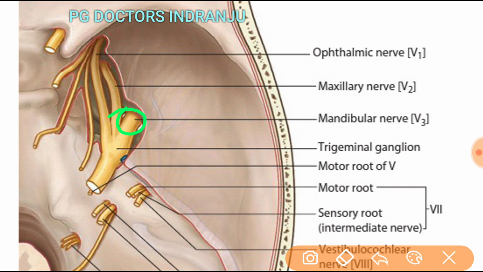Here it is the foramen ovale, in which the mandibular nerve passes, not the maxillary nerve. And here is the foramen rotundum, through which the maxillary nerve passes.